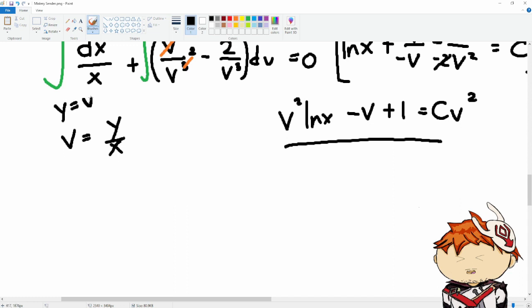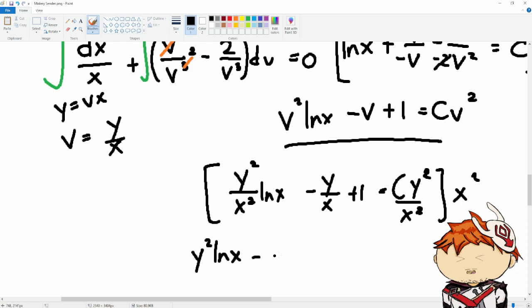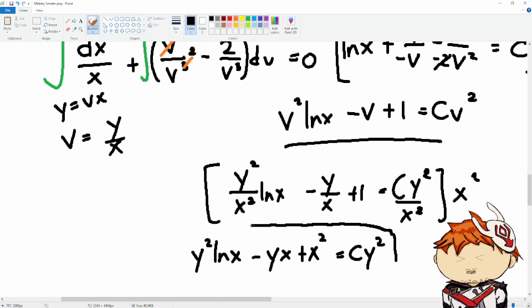So y squared over x squared ln x minus y over x plus 1 is equal to c y squared over x squared. Let's clear the fractions by multiplying both sides by x squared. So y squared ln x minus yx plus x squared is equal to c y squared. And this is now your general solution.